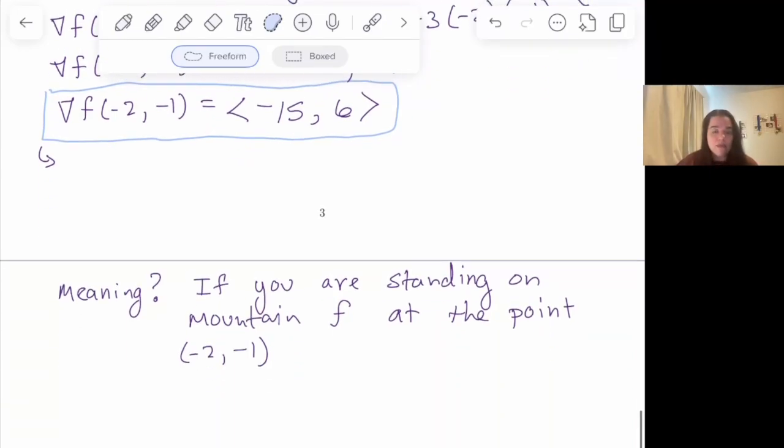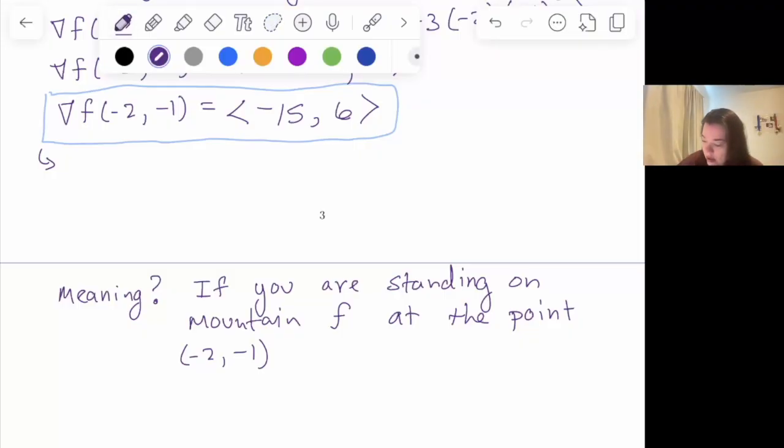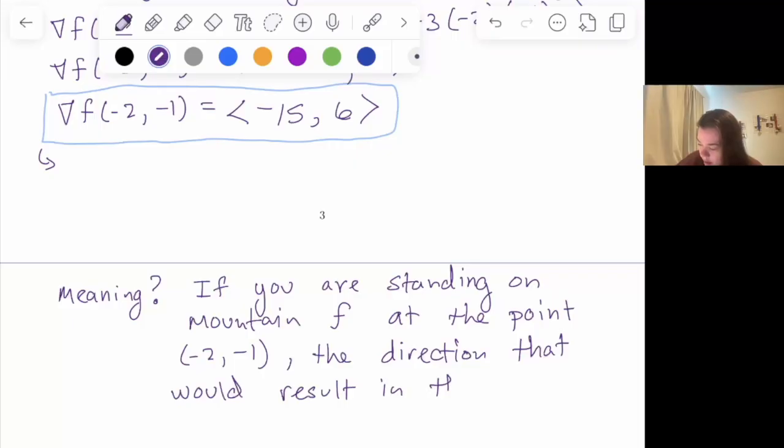What does that gradient vector mean? If you are standing on mountain F at a certain point on that mountain, the direction that would result in the steepest ascent or steepest uphill is this vector.